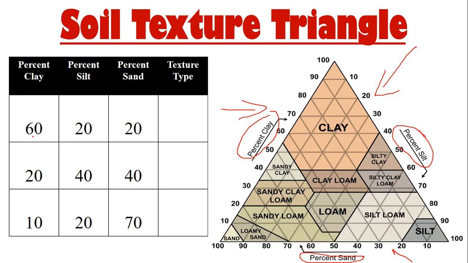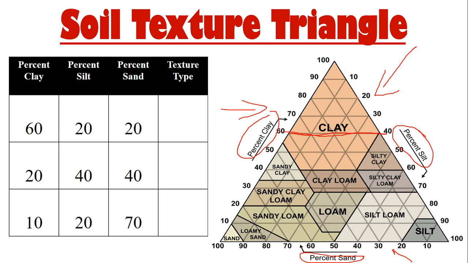So let's look at this first one. It says 60% clay, 20% silt, and 20% sand. What you do is plot all three lines and see where the lines intersect. Percent clay is 60, so I draw the line for percent clay at 60. Then percent silt. Silt is 20, so you read from top to bottom with silt.